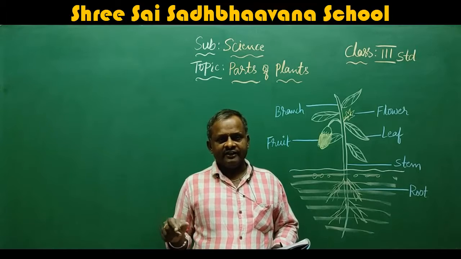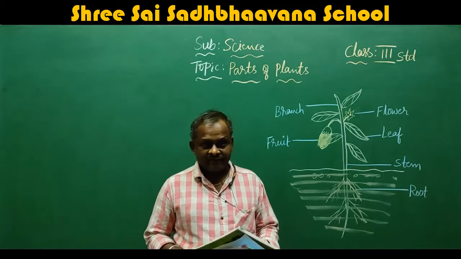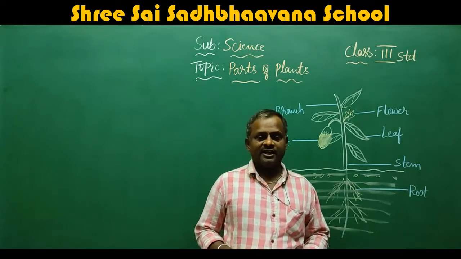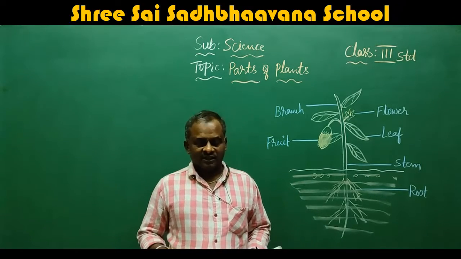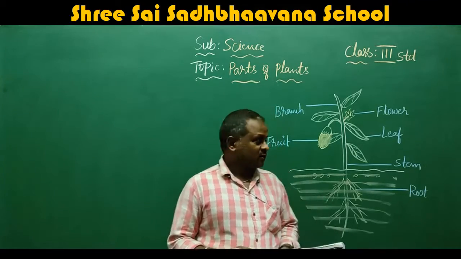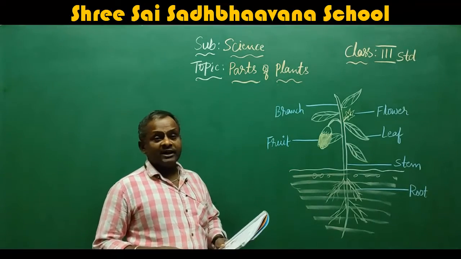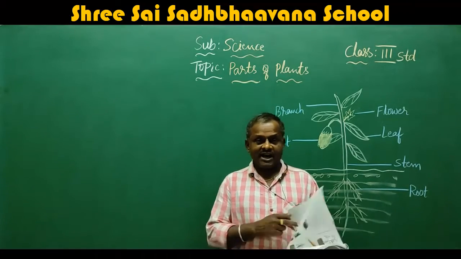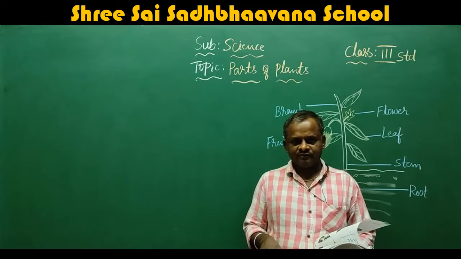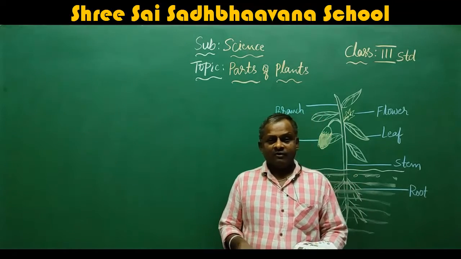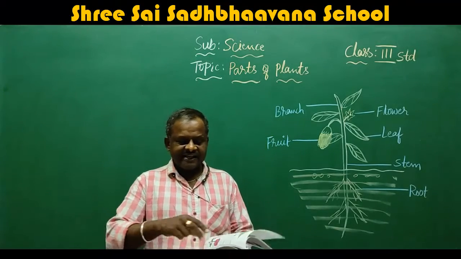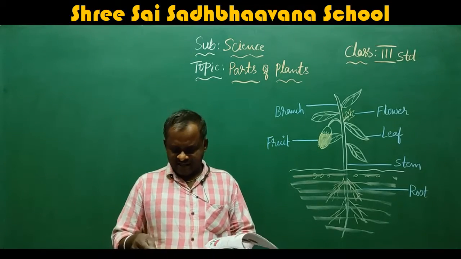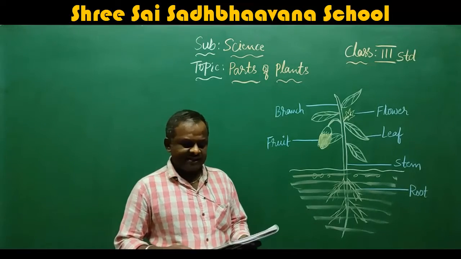They are very important for us to survive on the earth, because they give us food as well as oxygen. So we have to study which are the parts of the plants in this chapter and what their functions are, in detail. I hope you understand.